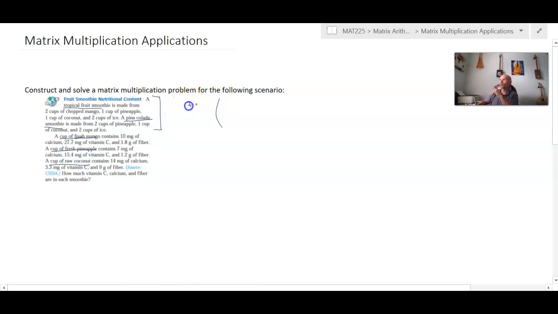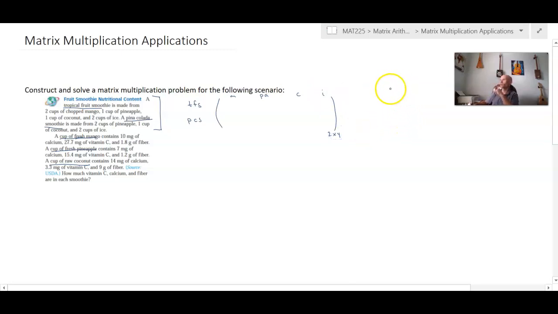So I'll call this the tropical fruit smoothie, TFS, and a PCS, pina colada smoothie. And then I will list the ingredients. And the ingredients are mango, pineapple, coconut, and ice. And this is a 2x4 matrix.